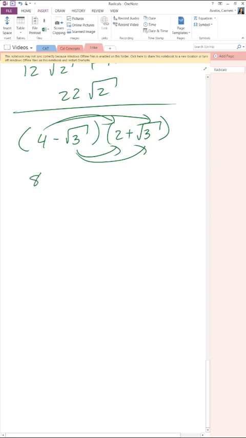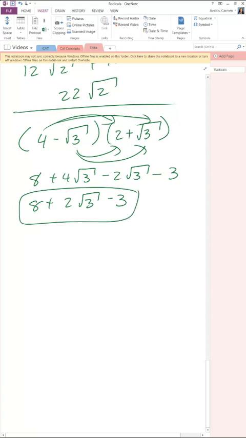I multiply the 4 and the square root of 3, and so I get 4 square root of 3, and then negative 2 square root of 3. And when these two multiply, they come out because now you have 2 of them, and so it's negative 3. So you end up with the middle term, and these two are like terms, so there's 4 of them and then negative 2 of them, so there's just 2 left over, minus 3. That is your answer. So you're just multiplying through.